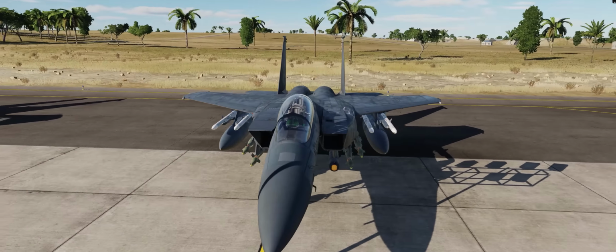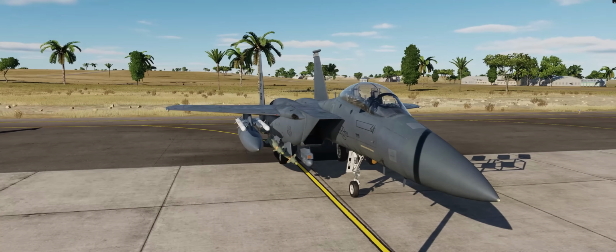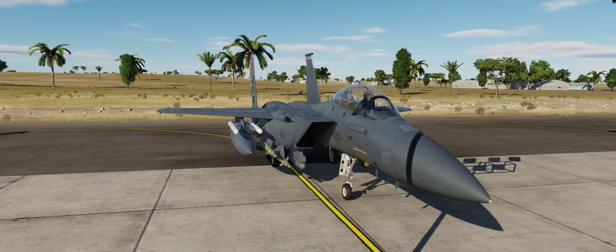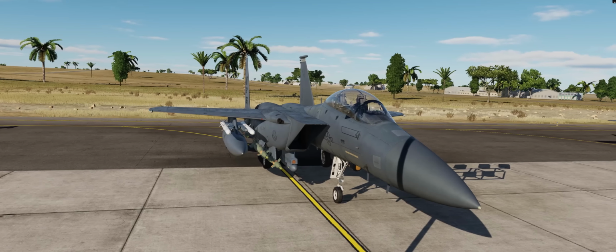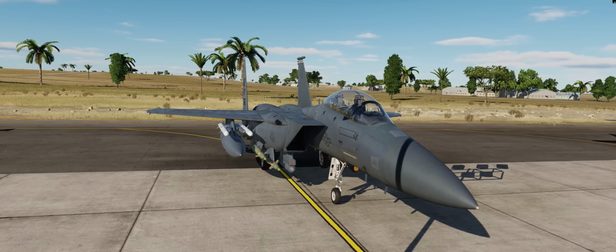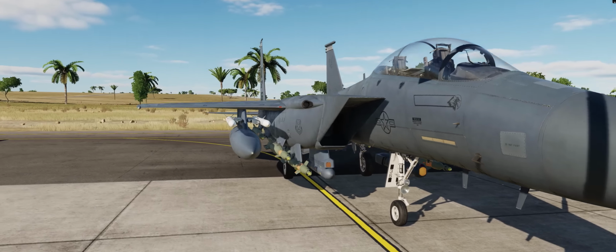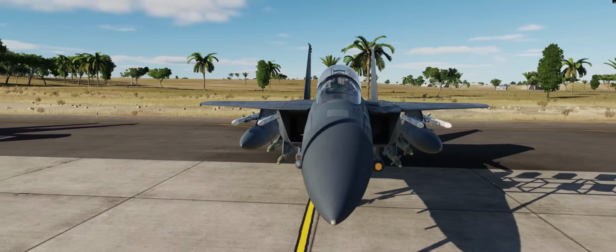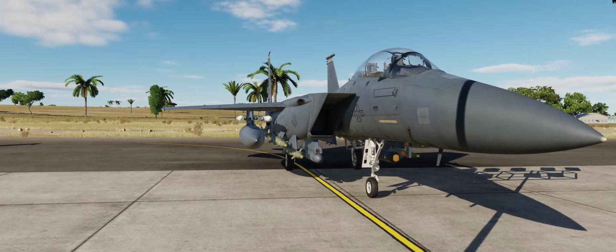Over here on this aircraft, we can see that we have 4 AIM-120s on it. Now, there are definitely photos out there of F-15Es loaded up with air-to-ground loadouts and carrying 4 AIM-120 AMRAAMs. Again, this wouldn't really be all that realistic because we do have weapons on that upper CFT station, as we can see on both sides there, because there wouldn't be much room for that lifter truck.